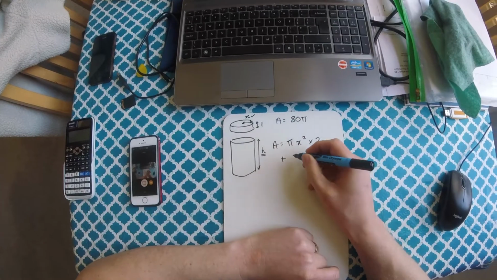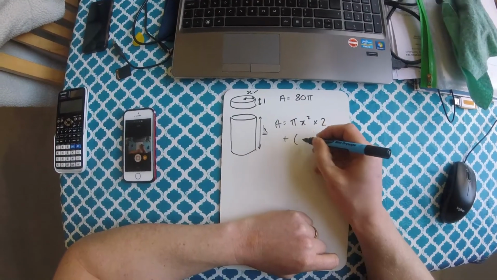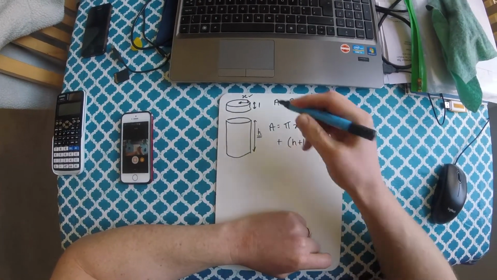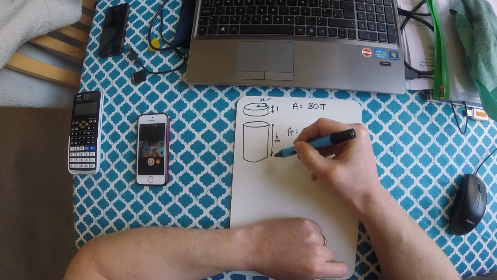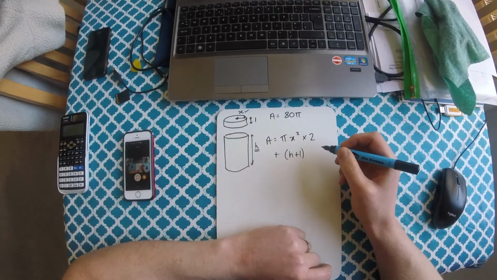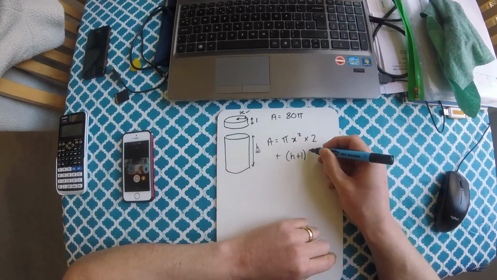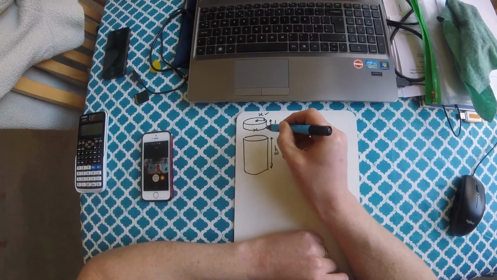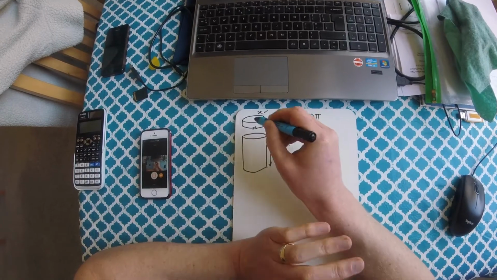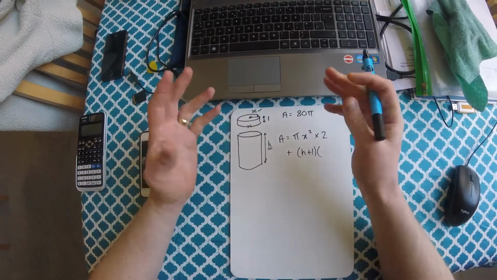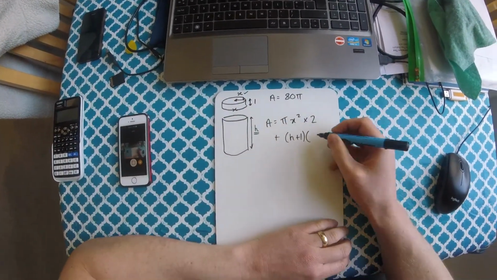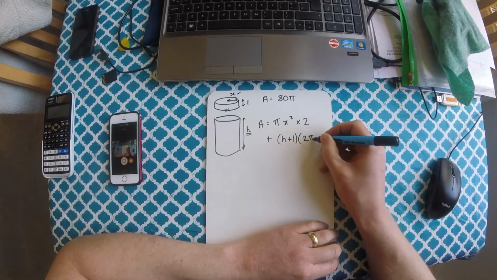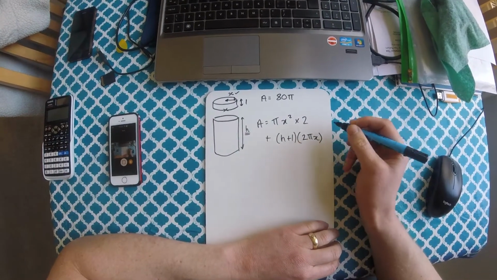The rectangle would have a length of h plus 1, so the combined length of the height that we don't know here and the 1, and then the other part of it would be equal to the circumference of that circle. If you imagine if I slice this down and open it back out, it'd be equal to the circumference. So that would be 2 pi x.